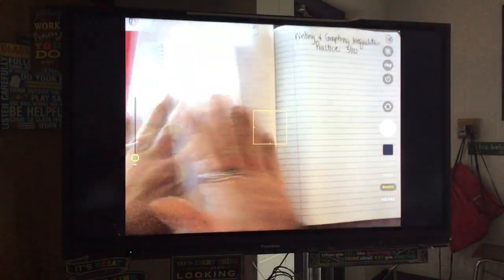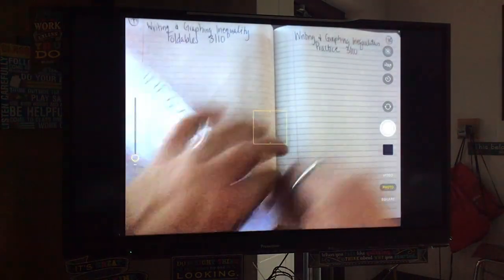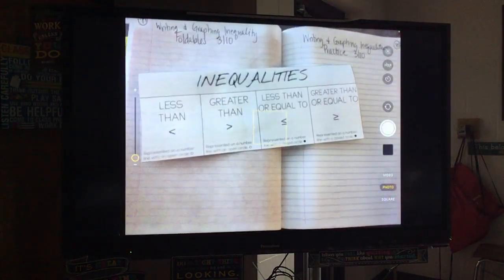Then once you have that, you can go ahead and fold it in half again, so you are looking at just this.